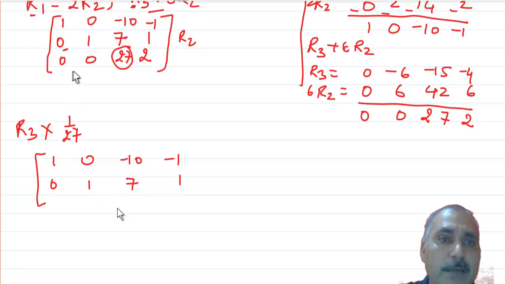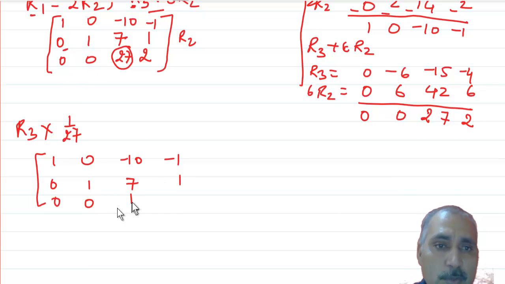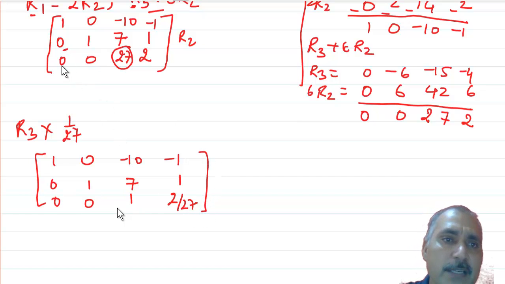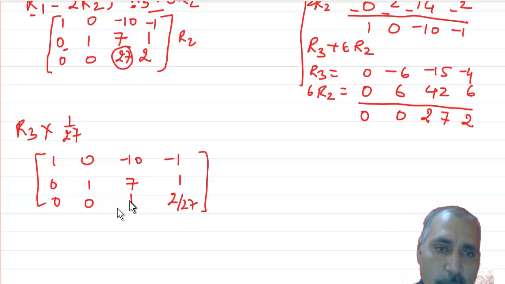Now we are multiplying this by 1 upon 27, so it will become 0, 0, 1 and this will become 2 upon 27. See here, when we divide 0 by 27, it will remain 0. 27 upon 27 will become 1 and 2 upon 27 we have written as it is. Now we got this as 1.